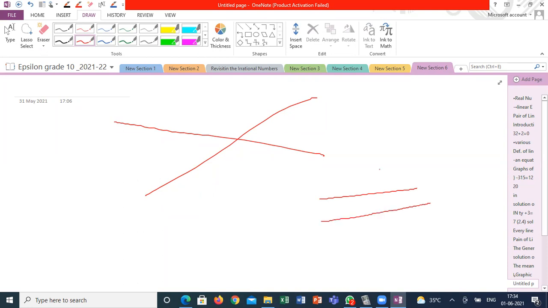The meaning of 2 lines intersecting is that both meet at a point. Parallel means never intersect.